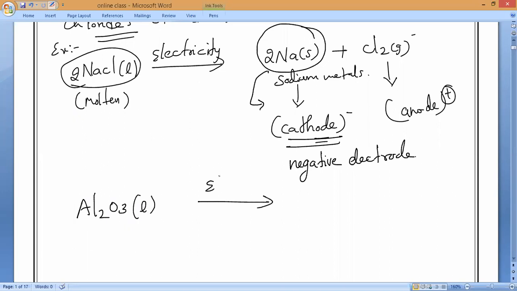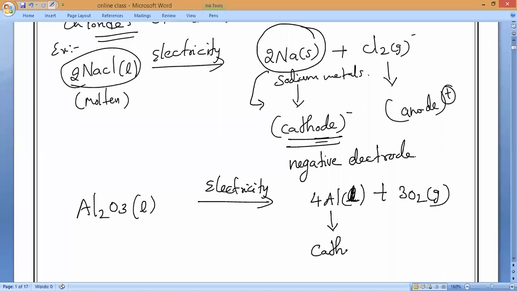If we pass the electricity, what do we get? We get 4 aluminium, in what state? Liquid state this time. Plus 3 oxygen gas. Here also the aluminium will come at the cathode, the negative electrode. Do you understand, everybody? That is what you have to remember.